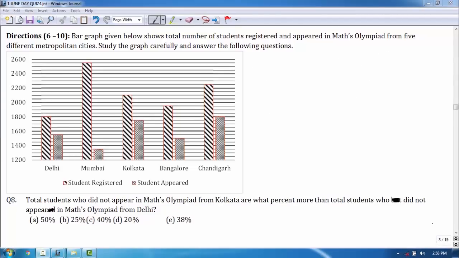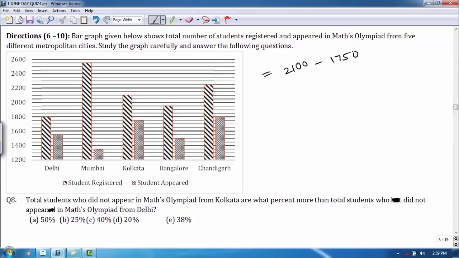Total students who did not appear in Maths Olympiad from Kolkata are what percent more than total students who did not appear in Maths Olympiad from Delhi? So students who did not appear from Kolkata is equal to, from the graph, 2100 minus 1750.